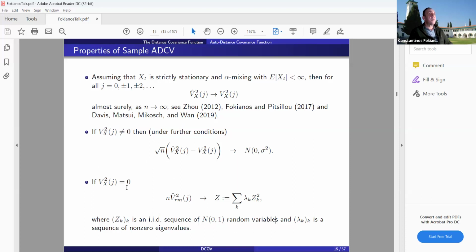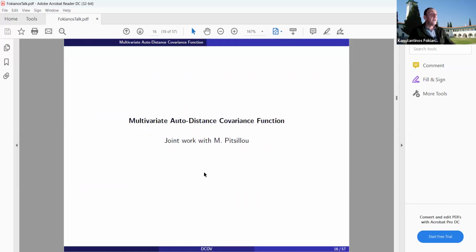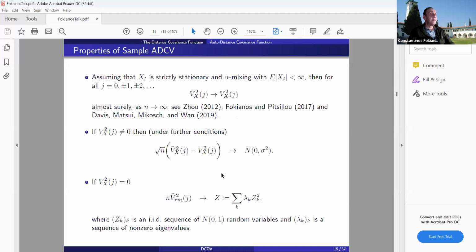But if this is 0, then we have a convergence to a mixture of chi-square random variables, an infinite mixture, because this is like a degenerate V statistic when this happens. So this is for the univariate situation. You see here there is a difference in the rate of convergence.